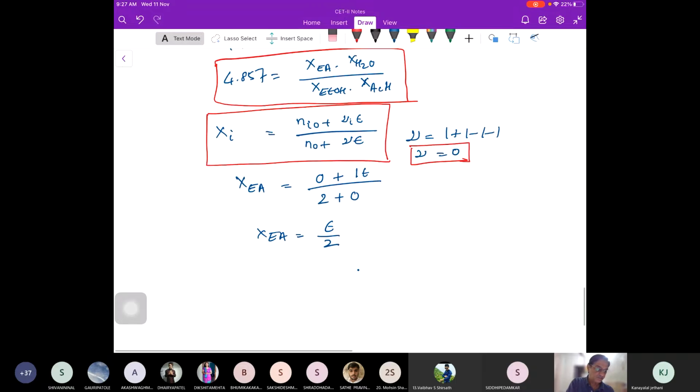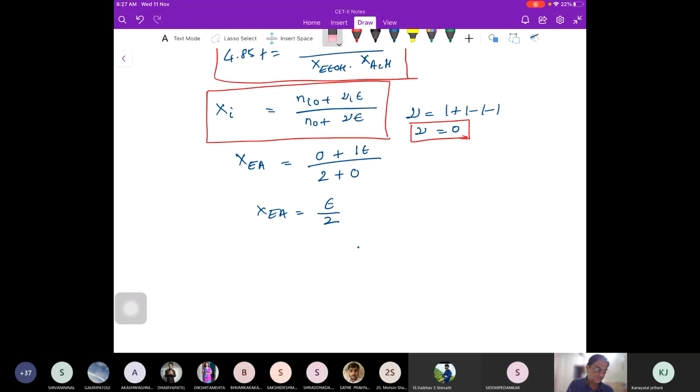Any questions so far? Similarly, X of water will be the same, epsilon upon 2. Then X of ethanol will be 1 plus minus 1 into epsilon upon 2, so 1 minus epsilon upon 2.